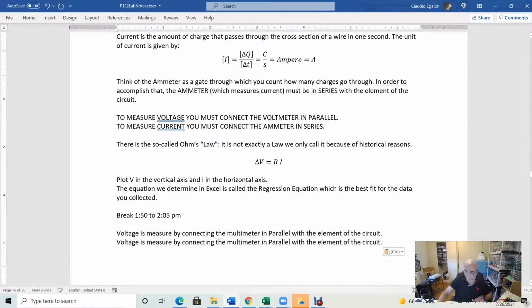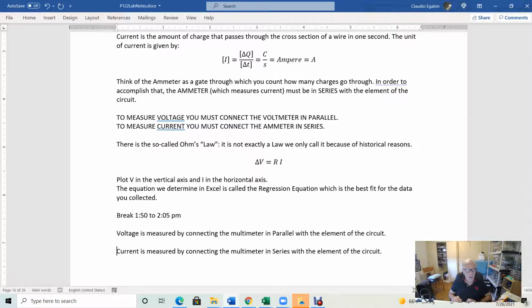Current is all the way around. You have to memorize that. Current is measured by connecting the multimeter in series with the element of the circuit. See the difference? One is connected in one way, the other is connected in another. And I'm going to show you how to do that.